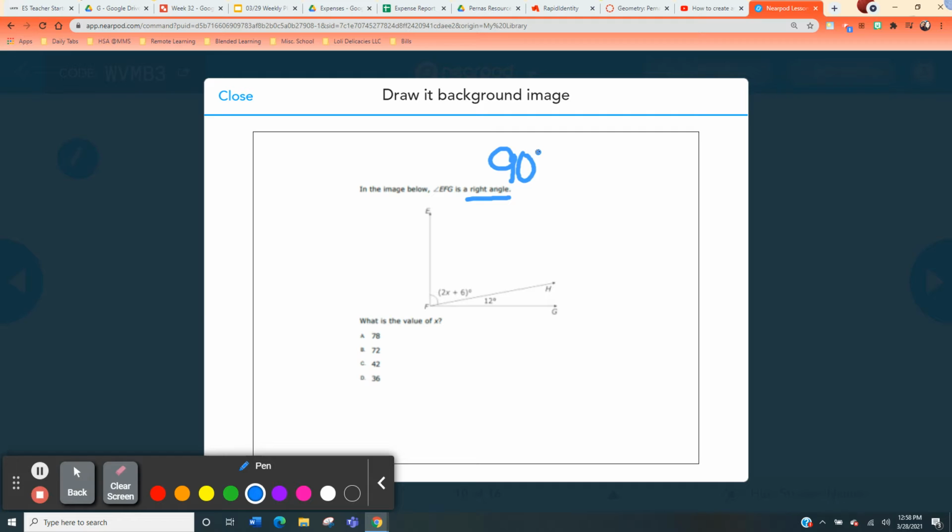So we are going to take the first angle plus the second angle equal to 90. This is what that is going to look like. So I would have 2x plus 6, which is angle 1, plus 12, which is angle 2, all equal to 90.